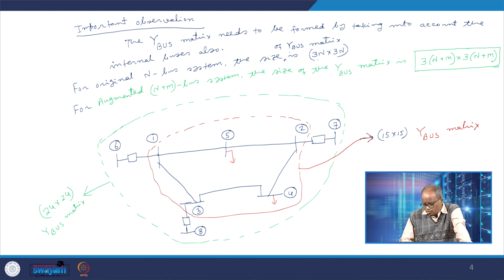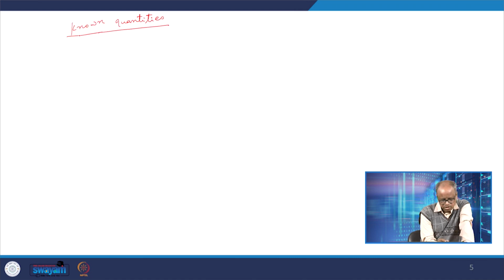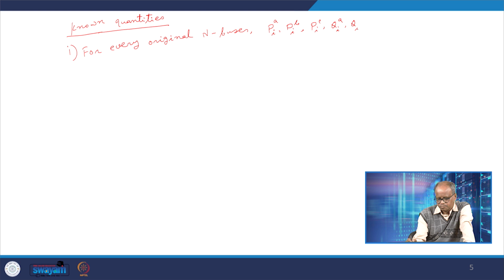So I know that for every original n buses, PiA, PiB, PiC, QiA, QiB, QiC are known. Now, what are PiP and QiP?